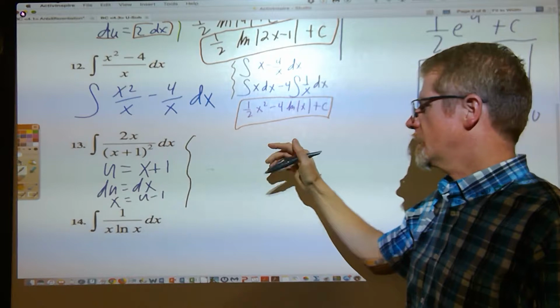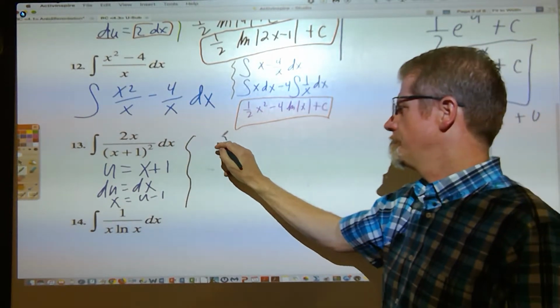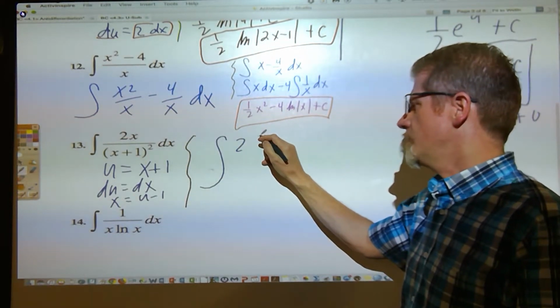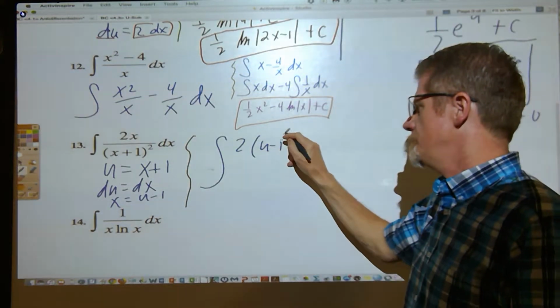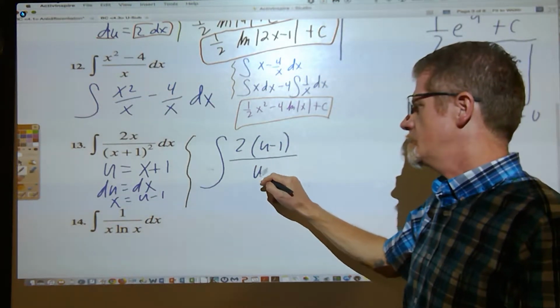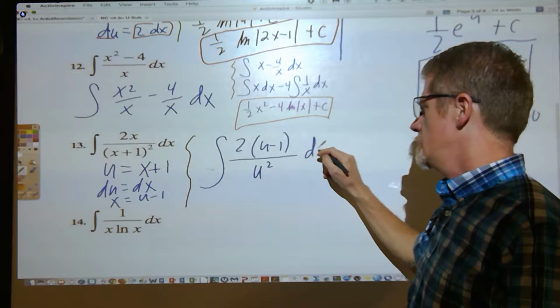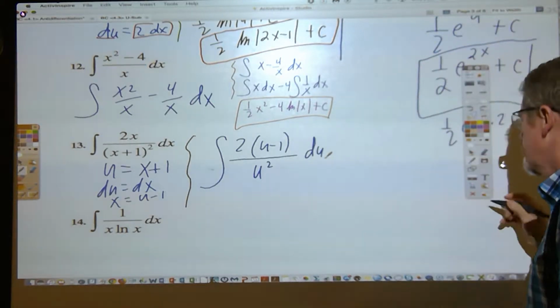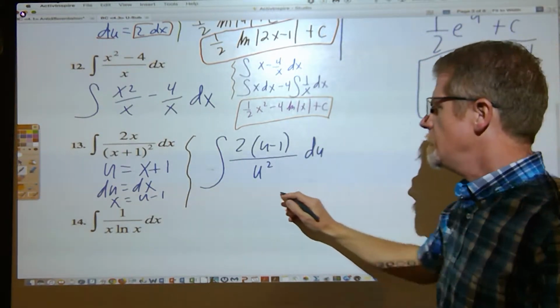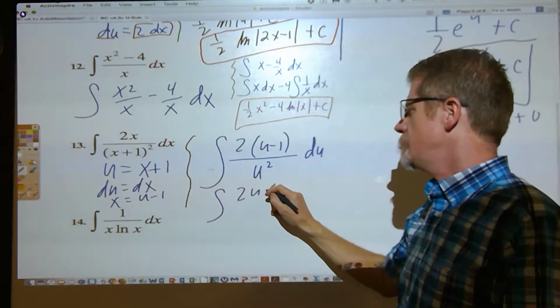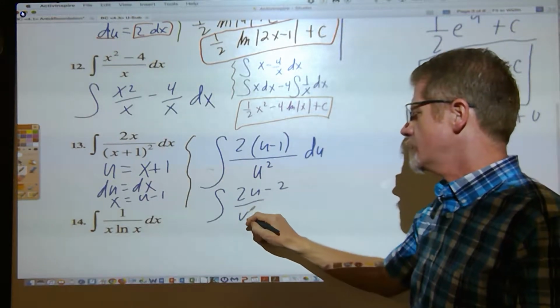And this is one of these more complicated u substitution problems. But the u version, I think, is 2 times the quantity u minus 1 over u squared du. And I'm totally fine with distributing the u squared to each term in the numerator.